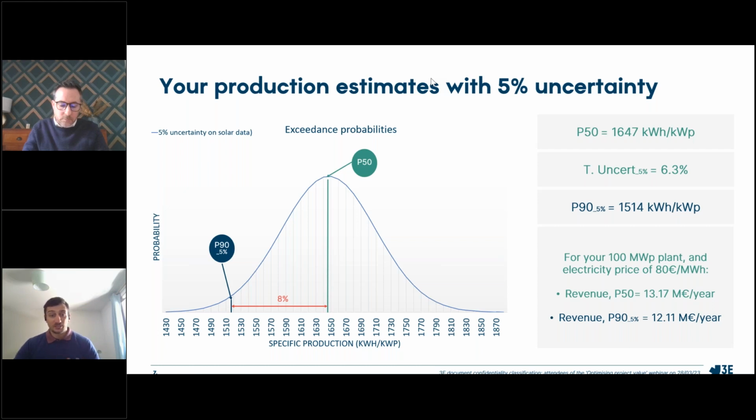So that's your basic setup with your basic exceedance probability. Now what we are going to do is simply to reduce the uncertainty on solar irradiation data because we managed to get more accurate one, and Greg will show you the impact on the uncertainty value.